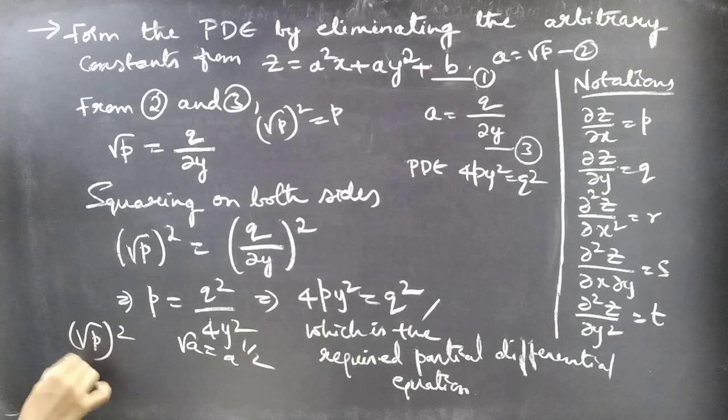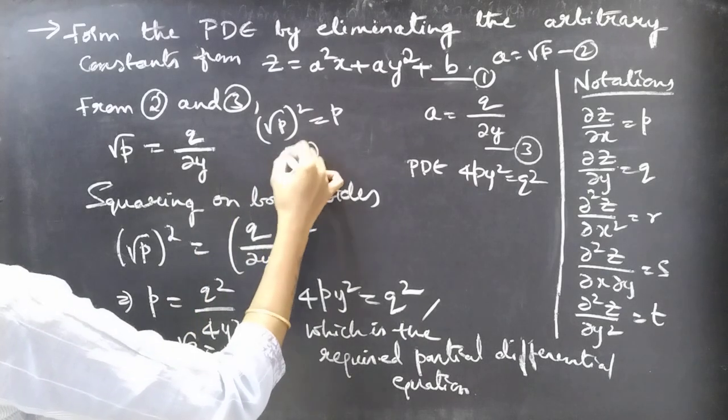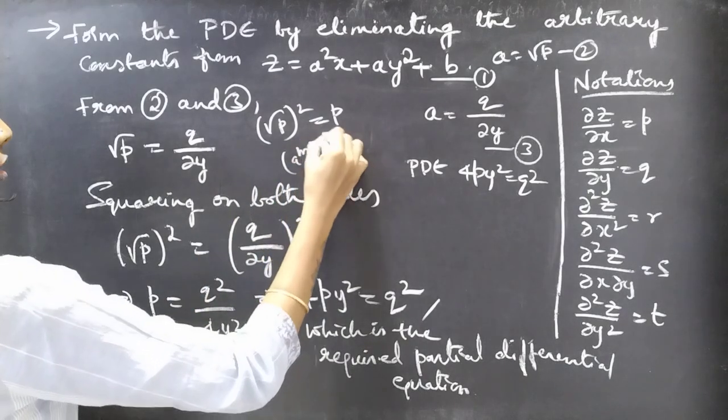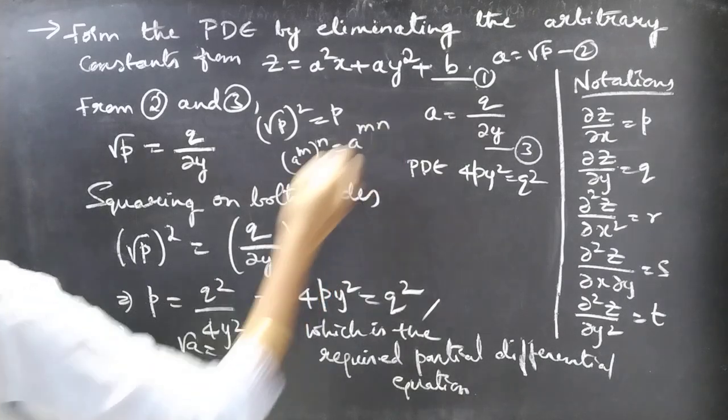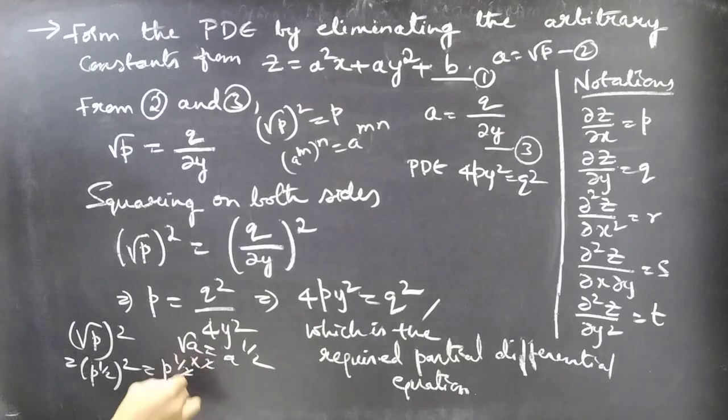So we can write square root of p whole squared as p power 1 by 2 raised to the power 2. And we know that a power m whole power n equals a power m into n. So we can write it as p power 1 by 2 into 2, which gives us p by cancelling 2, right?